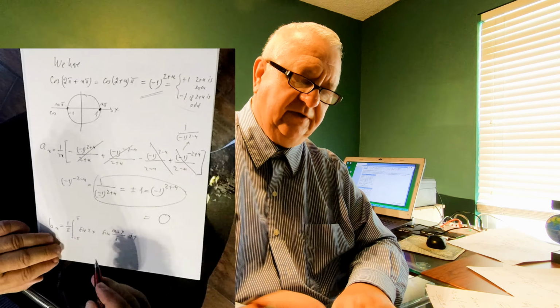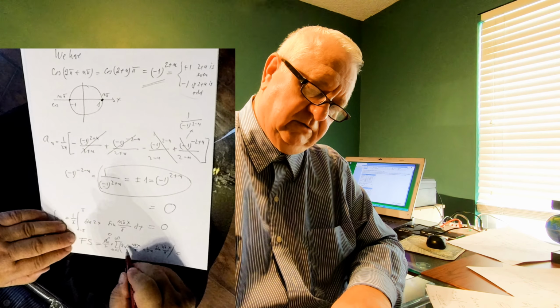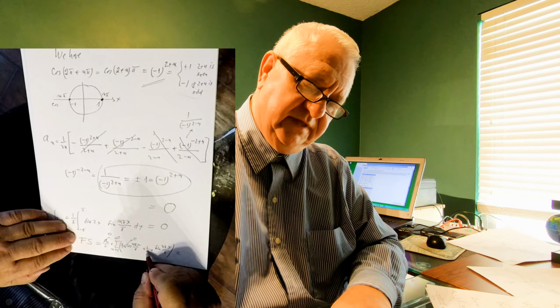If you do it by yourself, you are going to have 0. So the Fourier series, a0 over 2 plus the sum from n equals 1 to infinity of an cosine of n pi x over pi plus bn sine of n pi x over pi, has a0 equal to 0, an 0, bn 0, so it is 0.